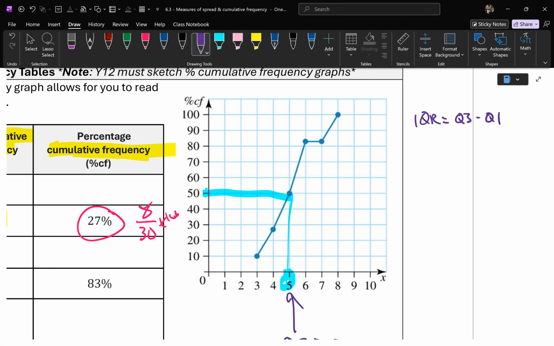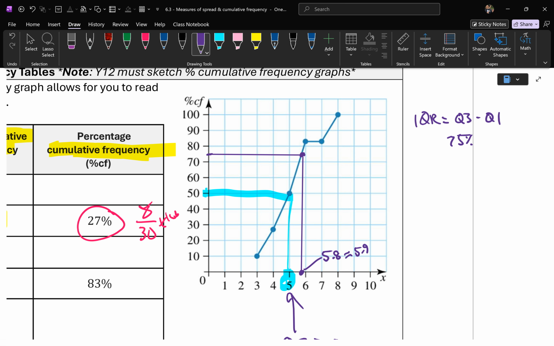What's Q3 again? Q3 is the 75th percentile. So you're looking for where the 75th percentile is. 75 is roughly here. So if we drew it across, it's roughly there, and then all the way down. Well, that's a bit off there, but it's roughly, say, 5.8, 5.9. Something like that.